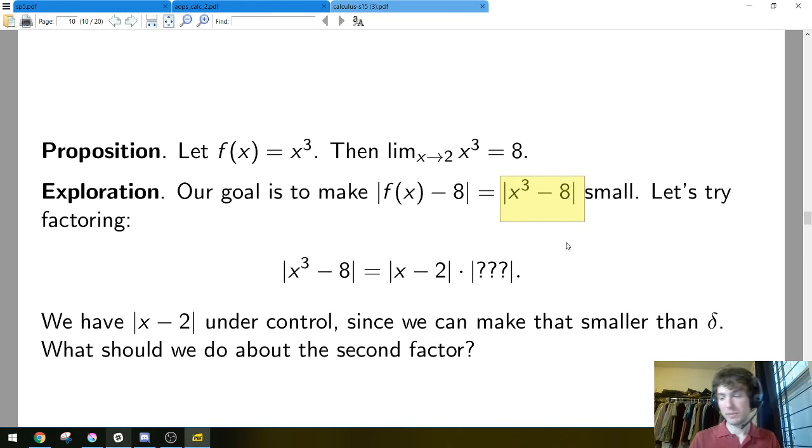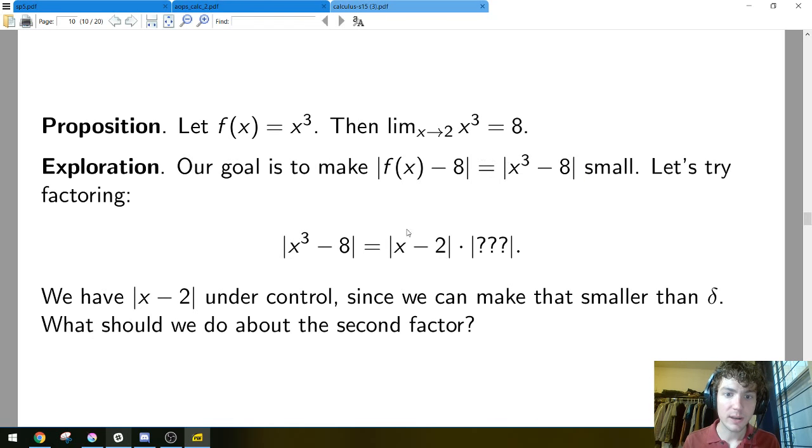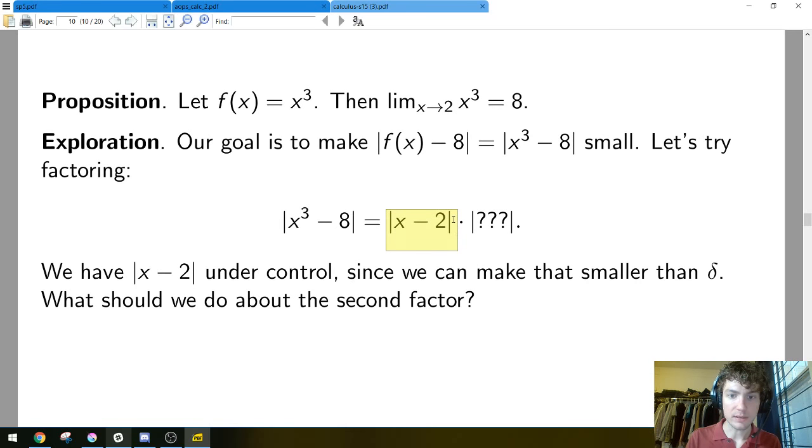So we'll try to repeat what we did in the square case, and I'll let you tell me what should go in the question marks. If we try to factor out the thing we have control over, which is x minus 2, out of this cubic, what goes in the question marks? It would seem that we might be able to apply the difference of cubes here.